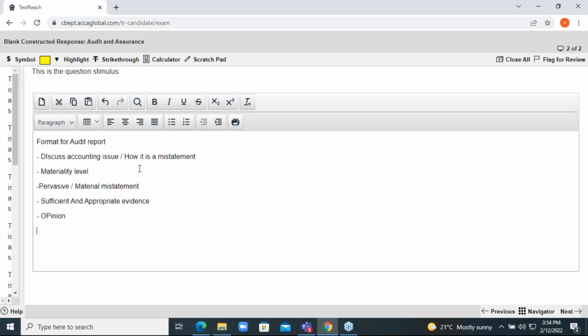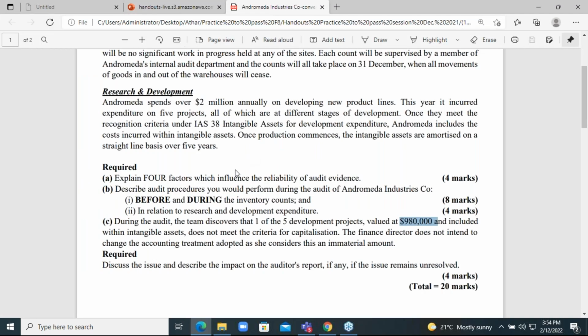So if we go back to our question, what is the accounting issue? The accounting issue was that the team discovered 1 out of 5 relevant projects, amounting to 980,000, which is included in intangible assets, does not meet the criteria of capitalization. So you know that if it does not meet the criteria, then how should this project be charged?